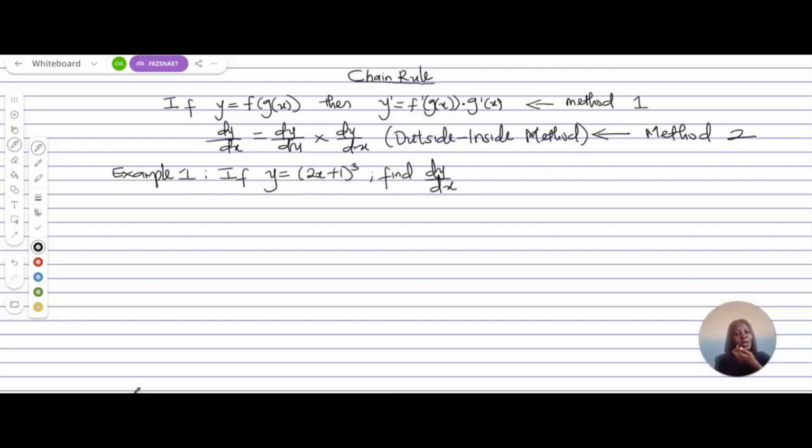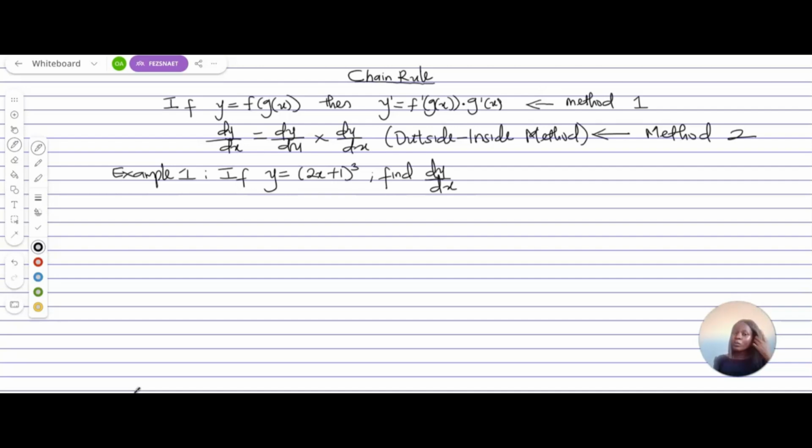Now let's look at the second method. The second method is called the outside-inside method. It's one where you substitute. That is, you make something to be this, then you start using your substitution. Now we said dy/dx is the same thing as dy/du times du/dx. If you look at it, if I cancel out du here, I'll be left with dy/dx.